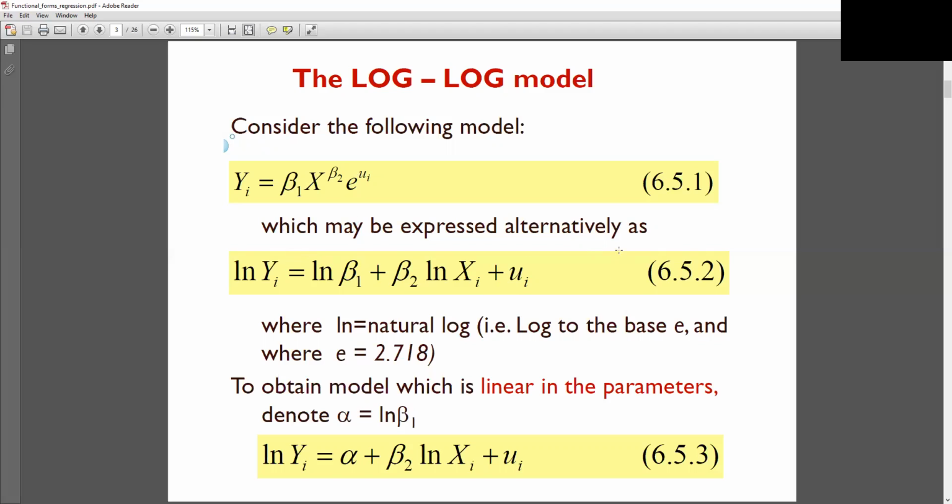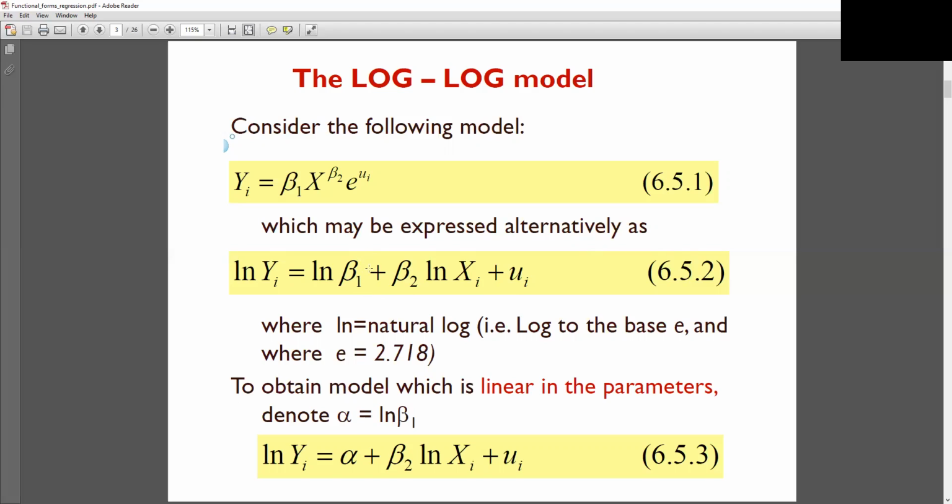You can express this alternatively by taking natural log on both sides. So log Yi is equal to log beta 1 plus beta 2 log Xi plus ui. Here, natural log, as I told you, the value of e is 2.718. Now you can see this model is linear in parameters, because beta 2 or beta 1, whatever it is, is raised to the power 1.